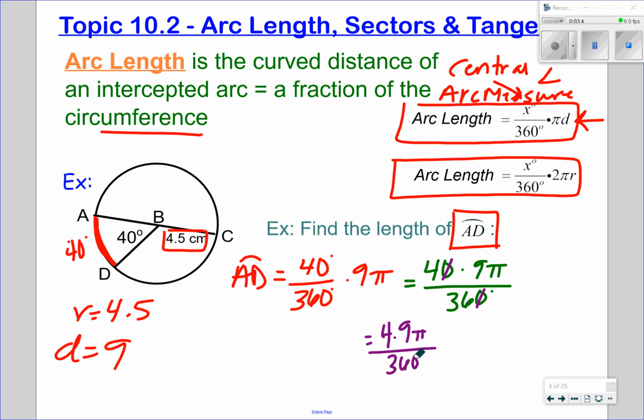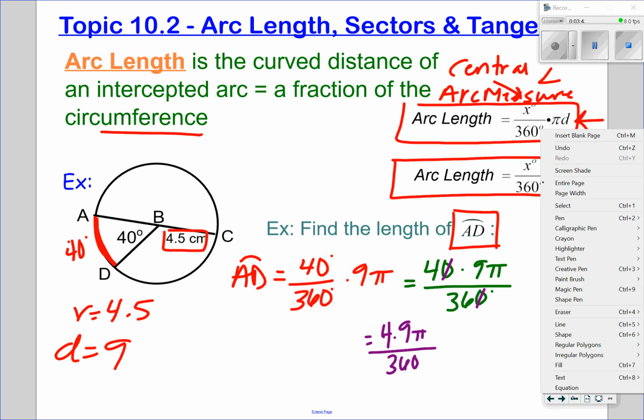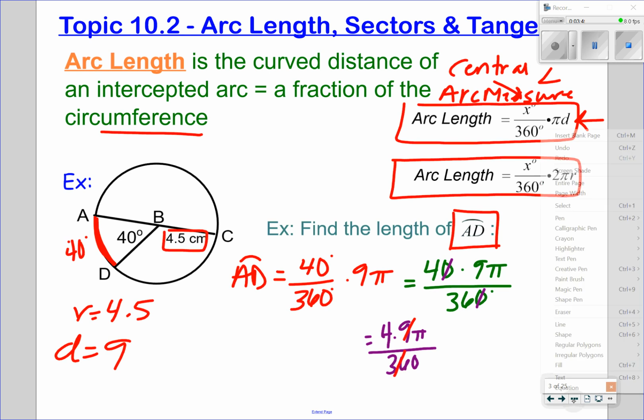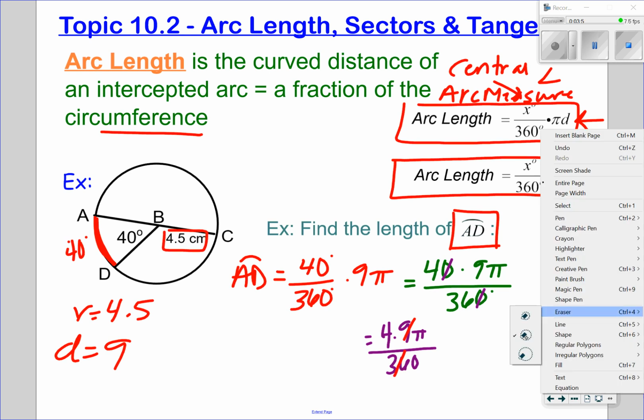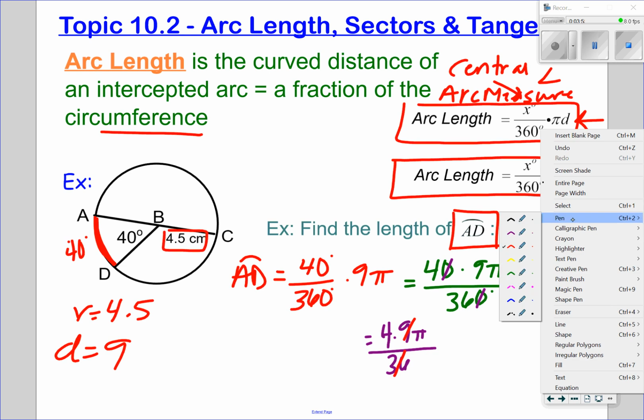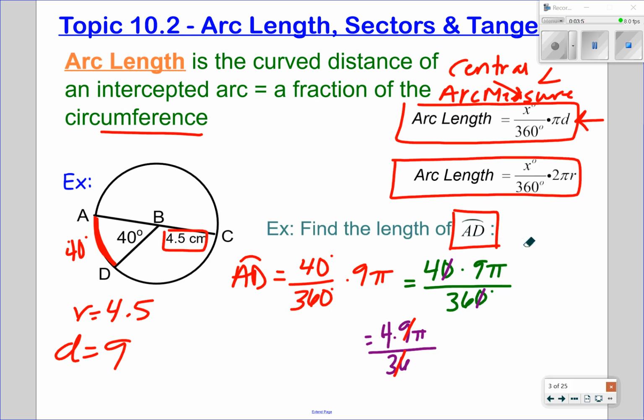Then I can think to myself, what else can I reduce? Well, I know 9 goes into 36. I apologize, I wrote 360 but said 36. And now I can look and say, well, 9 goes into 36 4 times. So if I divide the numerator and denominator by 9, 9 divided by 9 is 1, 36 divided by 9 is 4.